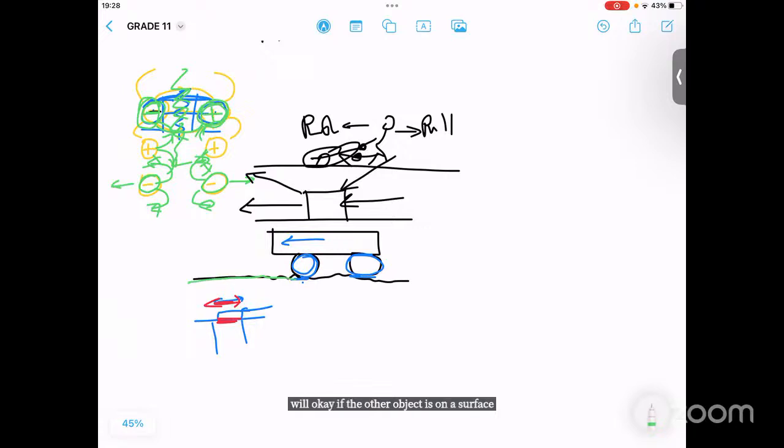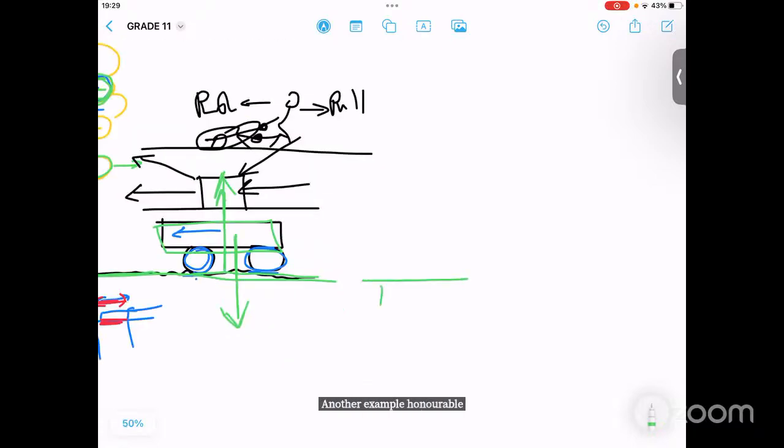You see, this is our gravel. That means this gravel is exerting a force in the upward direction on this object, and this object is exerting a downward force on the gravel. Those two forces balance each other out. That is why this object is not moving upwards, and it's also not falling downwards inside that surface.